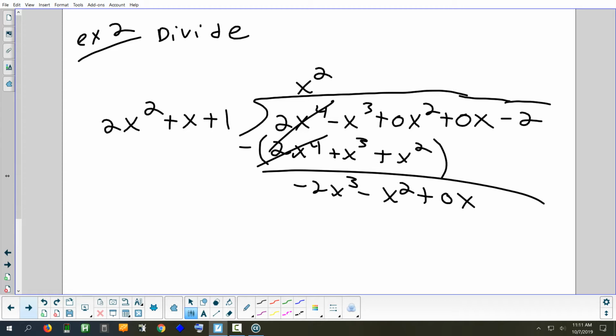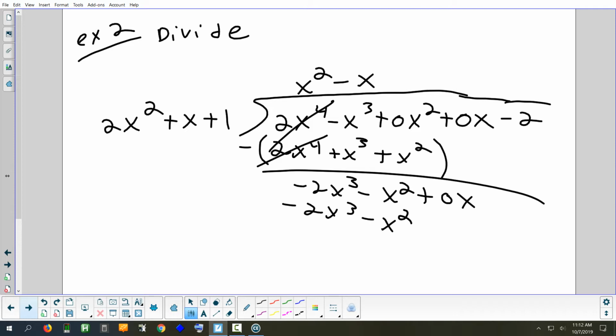The degree on my remainder right now is a 3. The degree on my divisor is a 2. I've got to keep going. What's negative 2x cubed divided by 2x squared? Negative x. Multiply it back out. That's negative 2x cubed. What's negative x times x? Negative x squared.